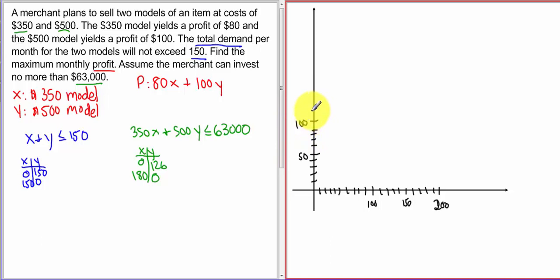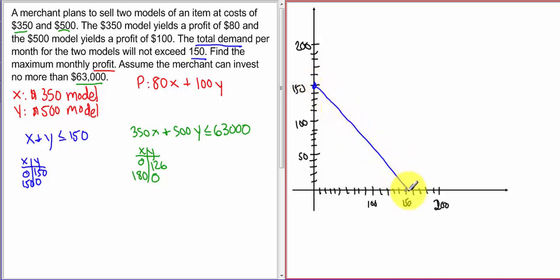And I know this is the real exciting part. Okay, the reason I did that is I now can graph my two lines. 150, I want to make sure I got the right 150, and then draw a straight line. I promise, use a straight edge.